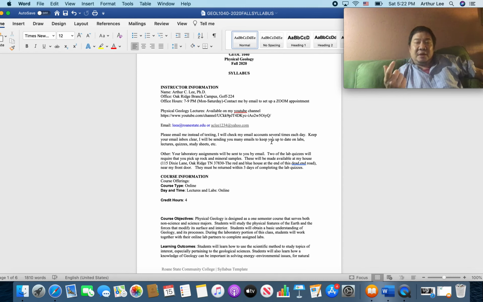The box is going to be on my front doorstep near the mailbox, and it'll have your names on it. So when you need to pick up samples, come to my front door and just pick it up. Just make sure you return it within 3 days of completing the lab quizzes. So you'll be looking at actual rocks and minerals during your lab quizzes, which are about once every 4 weeks.